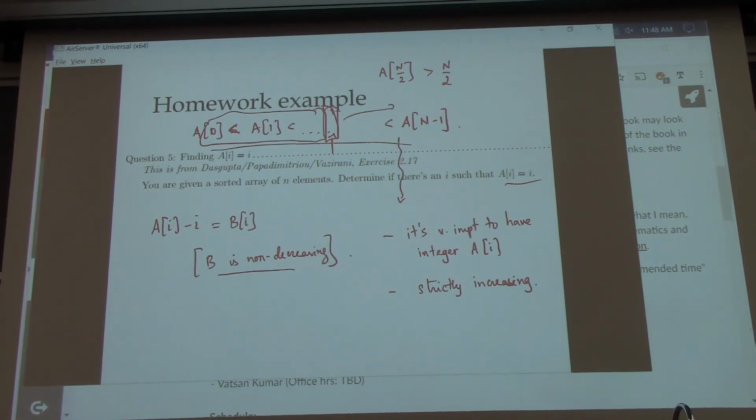Practically, if we have an array, we can directly look up a of i, so that's constant. But B here has a log n solution. Does that mean the implementation underneath is log n?